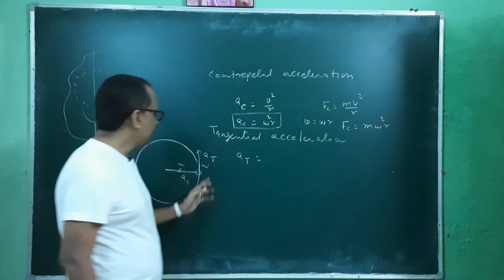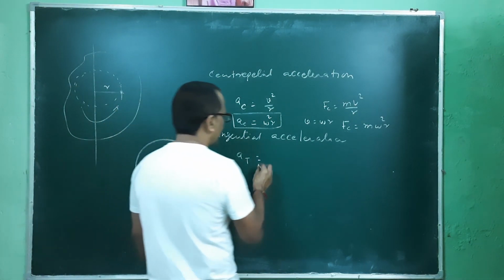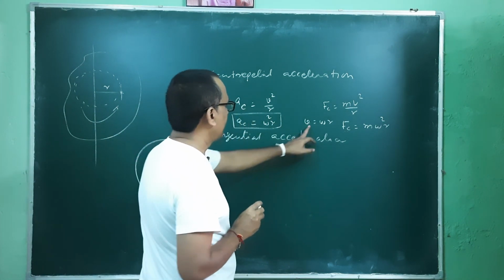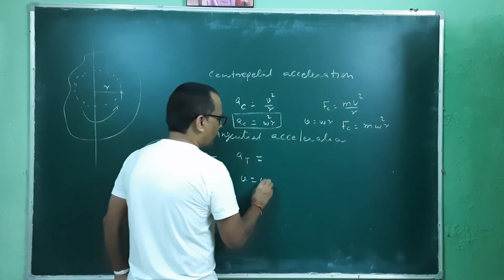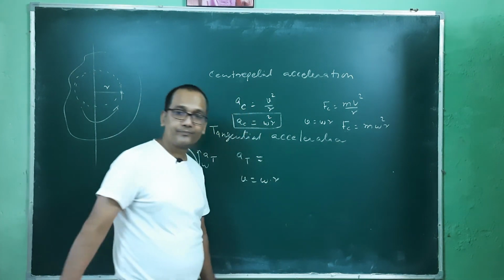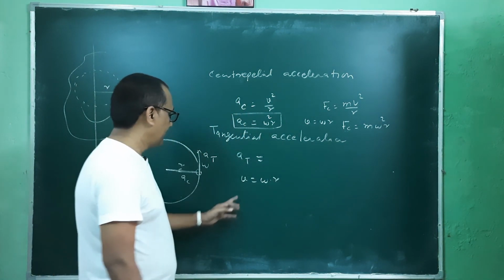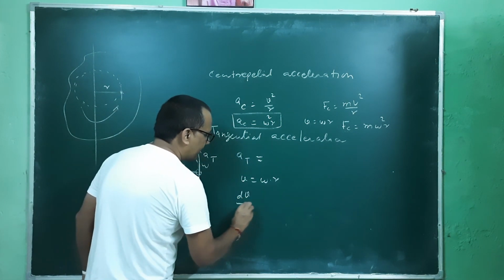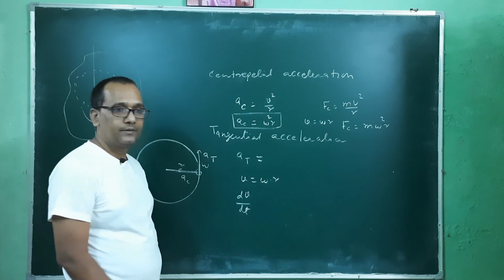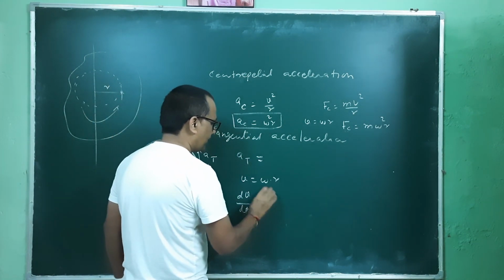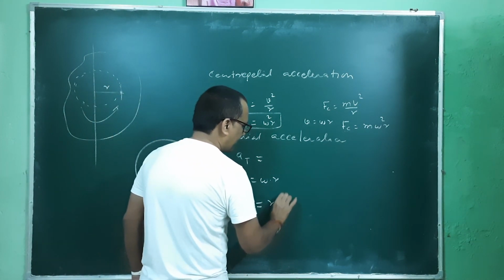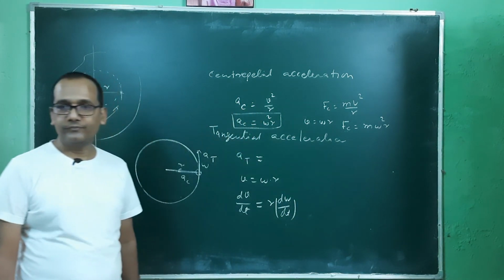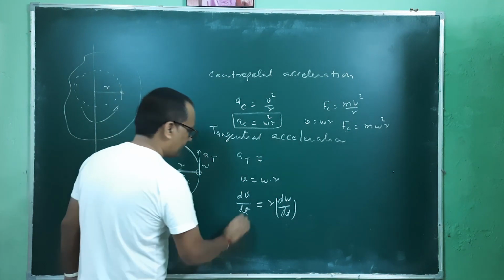Okay, so this AT, where is that relation? This V is equal to omega multiplied by R, and you want to calculate that acceleration, dV by dt, it is equivalent to R multiplied by d omega by dt, and this is just that alpha.